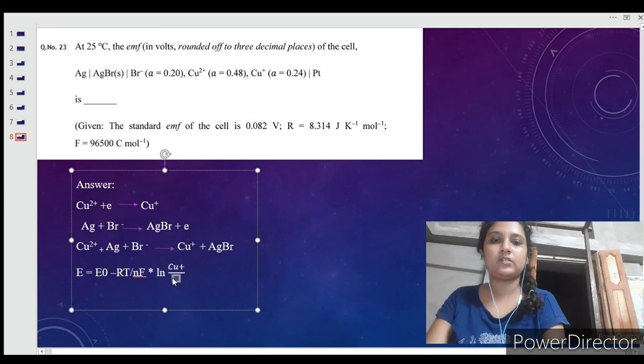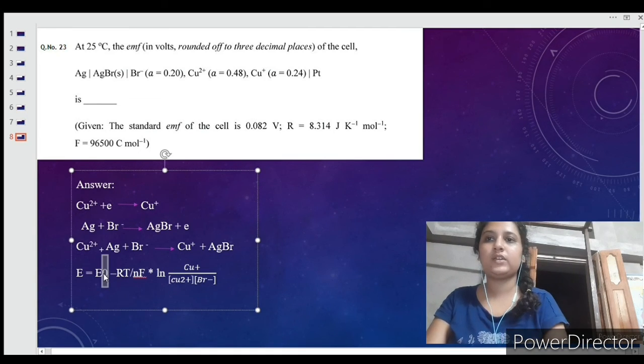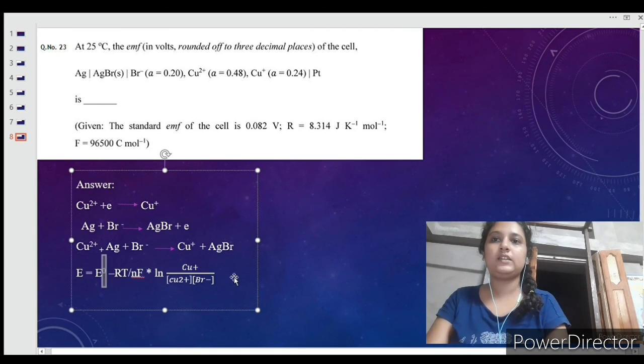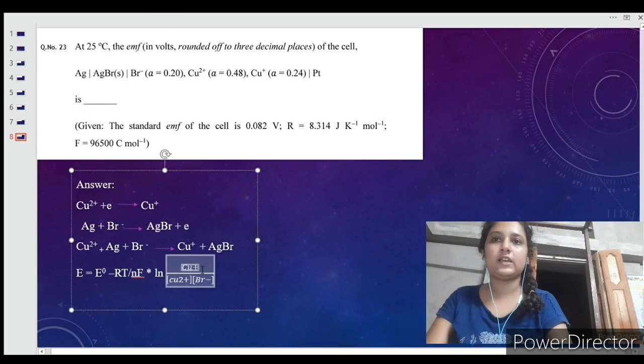This means the concentration of Cu2+ into the concentration of Br minus. Again, we are not taking into consideration the concentration of Ag, because Ag is also a solid, and in that case we consider the activity equal to 1.